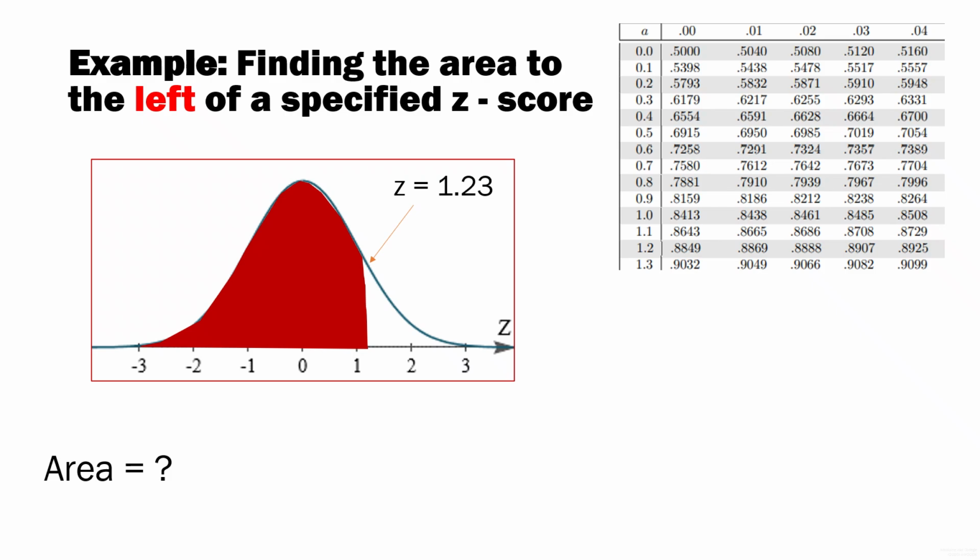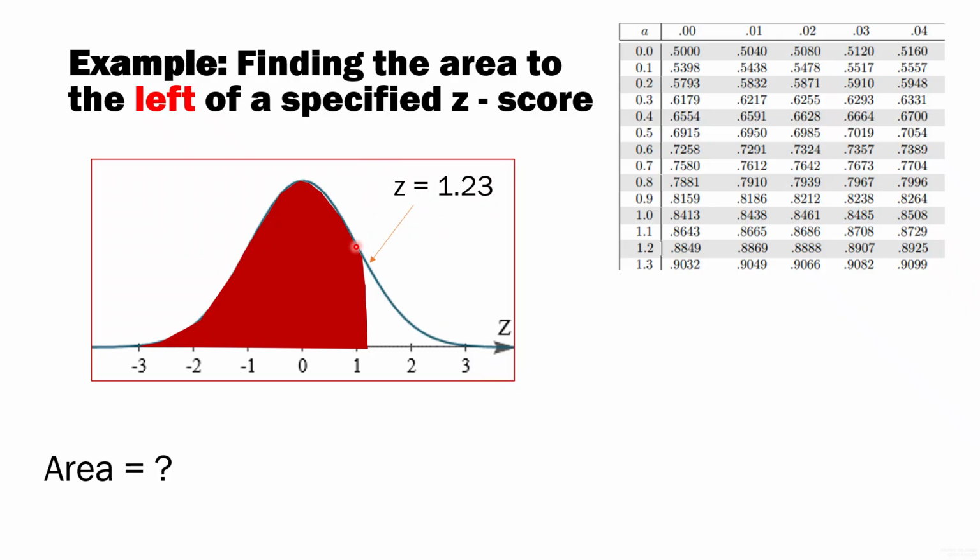So in this example here, it's asking you to find the area to the left of the specified Z score. What we can do is often just draw a normal distribution for yourself to help you visualize it. So draw out the normal distribution. You know it's going to be centered on 0, and you can go from -3 to +3. Now, it's asking you to find the area to the left of this Z score.